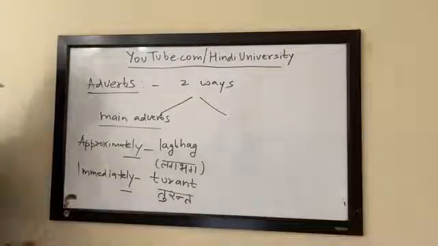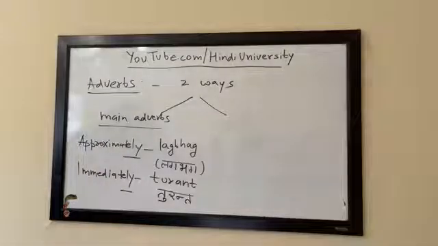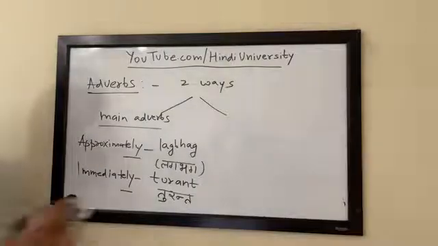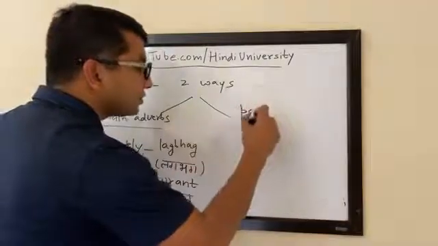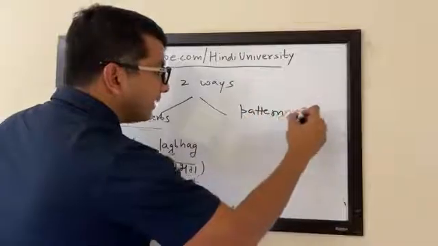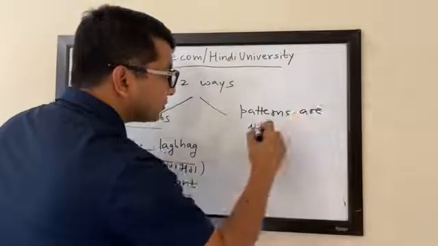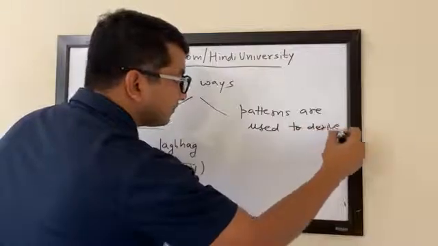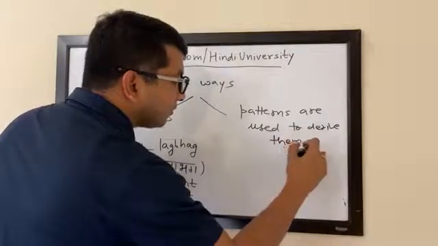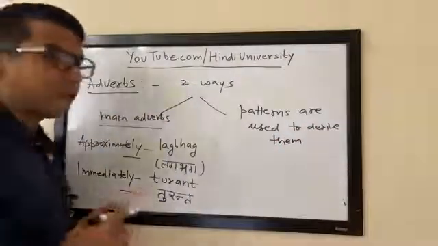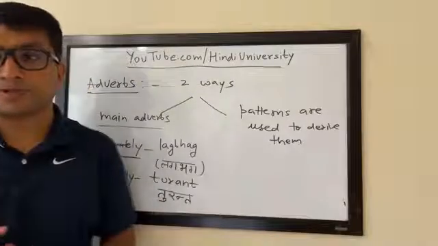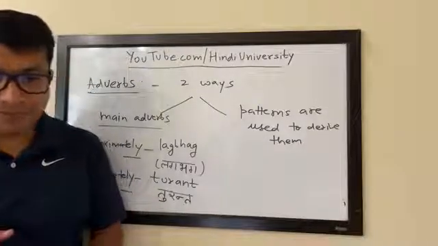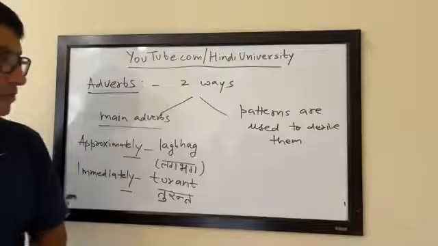There are other adverbs where there are some patterns that you can use. Patterns are used to derive them, and they are derived sometimes from the abstract nouns, sometimes from the adjectives, okay, or sometimes from other parts of speech.